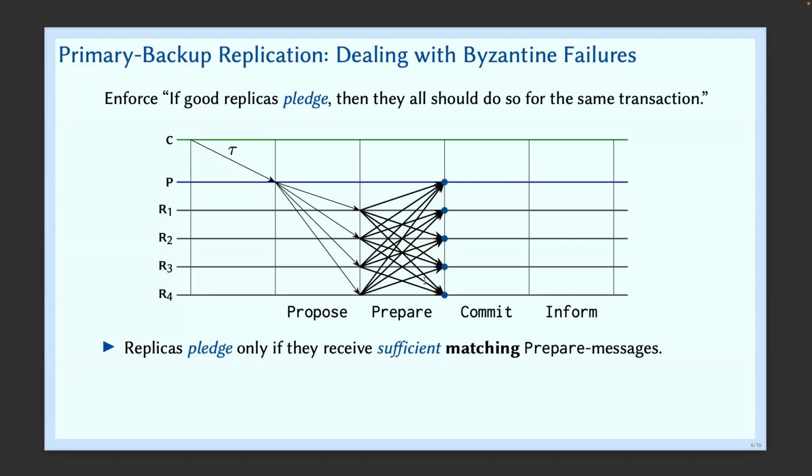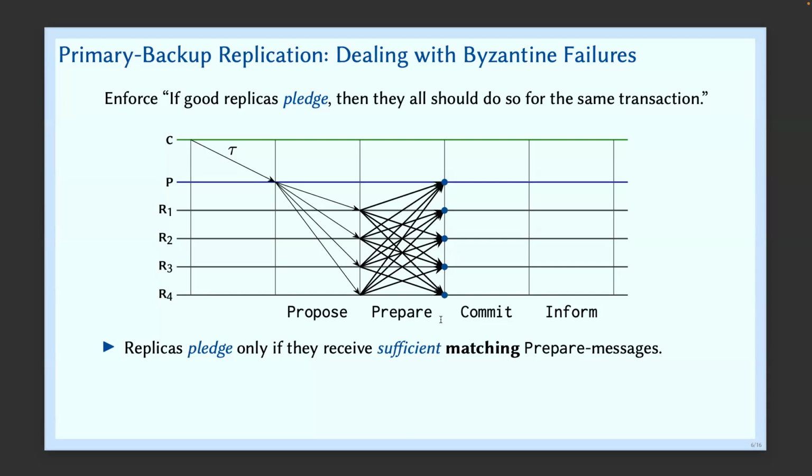But as long as I can form a prepare certificate, meaning I can form the majority that's saying they've received the same message as I have from the primary, then I get to the prepare state, and I can conclude that the primary didn't lie, or at least if it did lie, it wasn't significant.